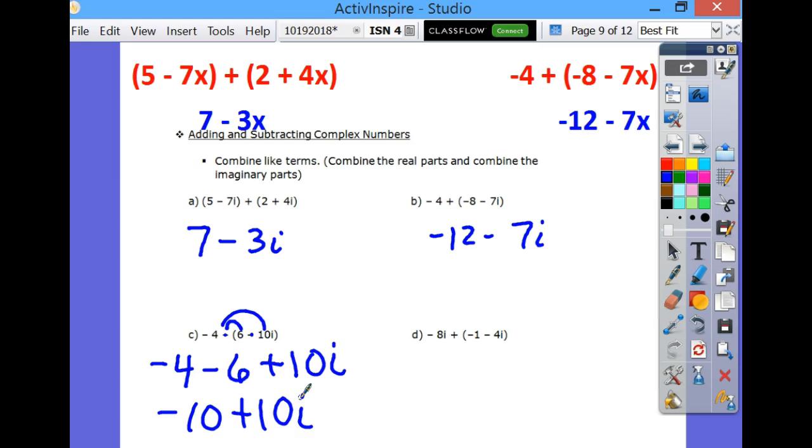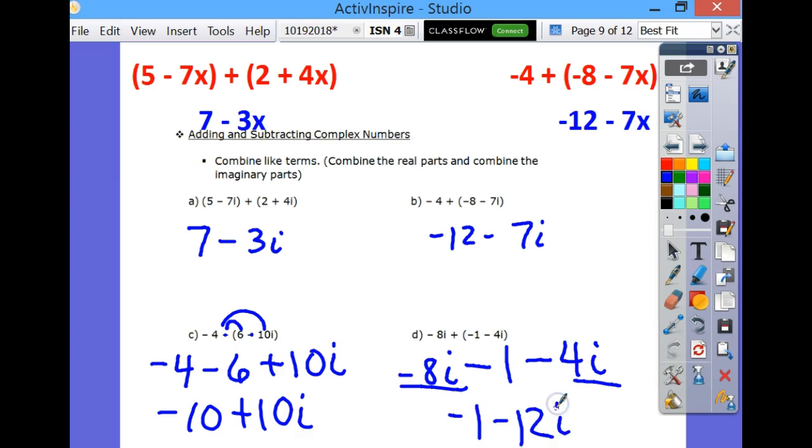If it's an addition problem, you just combine like terms. Those are alike. And when you write a complex number, you write the real number first and the imaginary, the i part, at the end. That's just traditionally the correct way to write it down. So the real number part comes first and the imaginary part comes second.